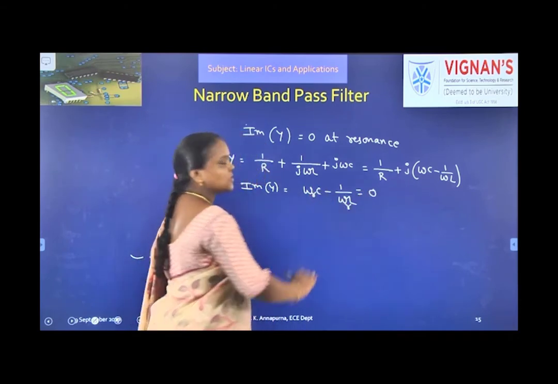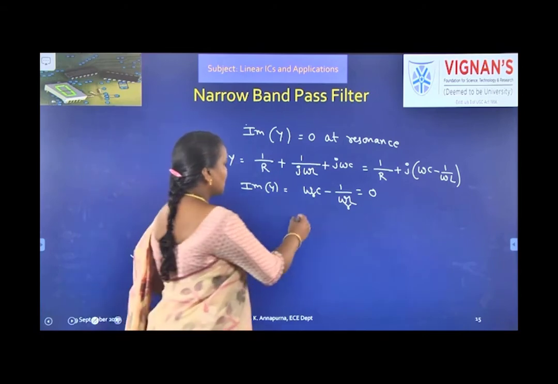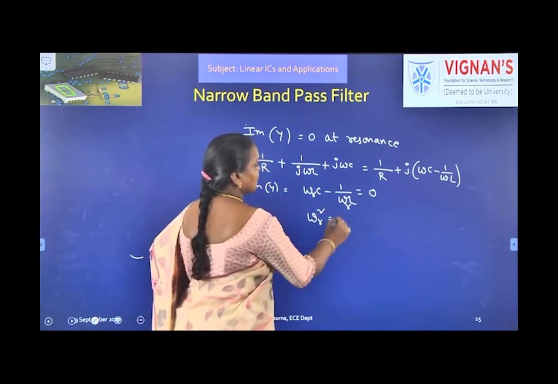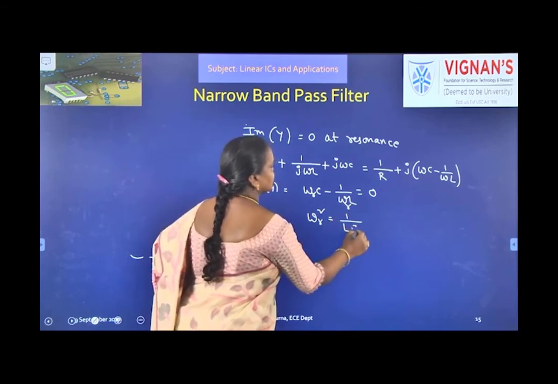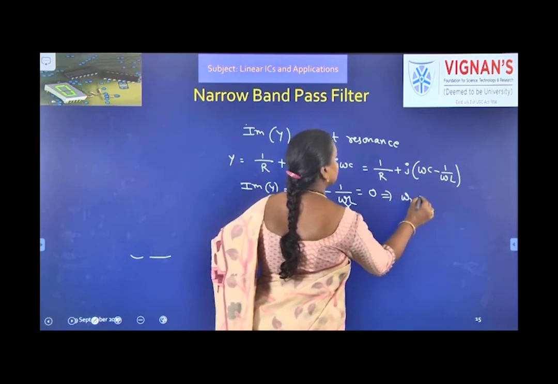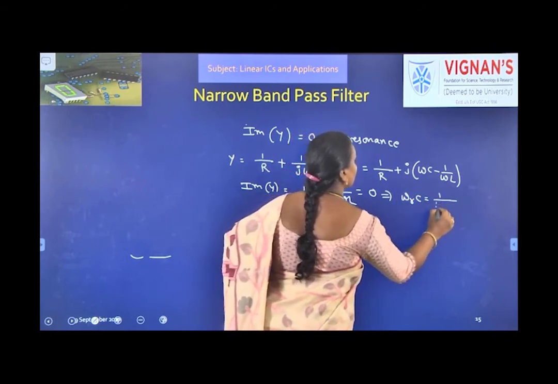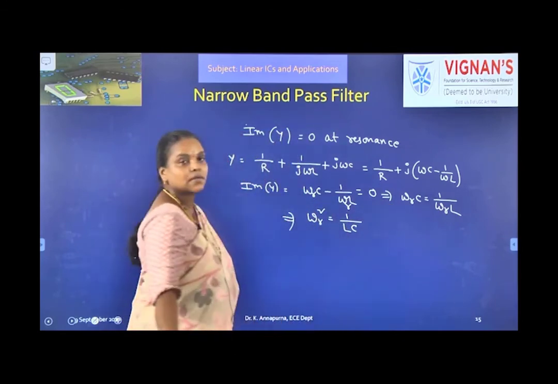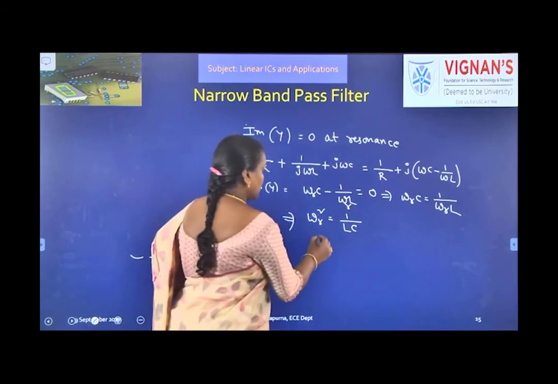So this frequency is called resonant frequency. Then what is omega R square? From this, 1 by LC, because omega RC is equal to 1 by omega RL. So this implies omega R square is equal to 1 by LC.